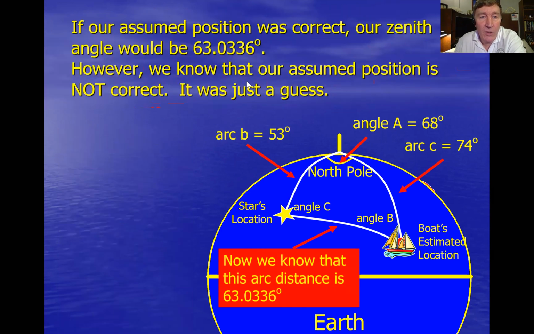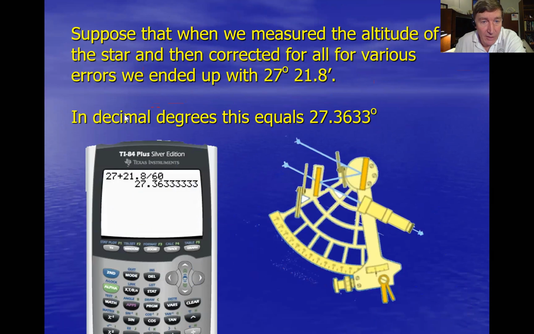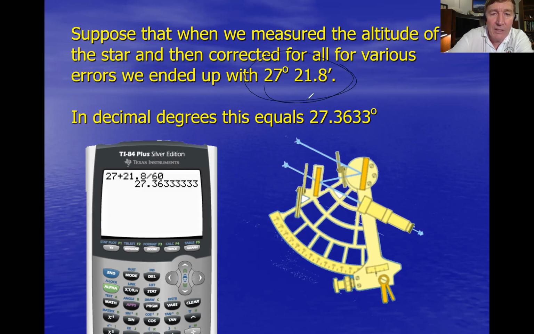Let's suppose that when we measured the altitude of the star, after we corrected for parallax and refraction and all those other fun things you have to correct for, the number that we got was 27 degrees and 21.8 minutes, which if we convert that into decimal, is 27.3633.